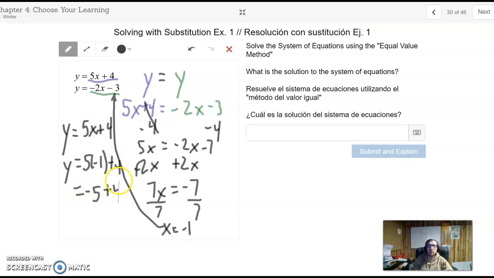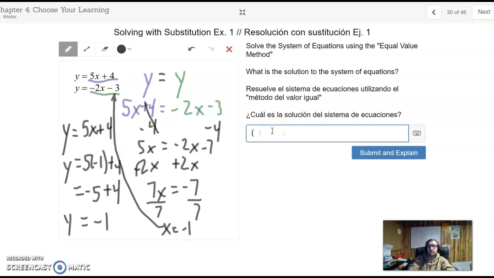Negative 5 plus 4, what is that? Negative 5, 4 towards 0. I'm at negative 1. So my solution here is the ordered pair negative 1, negative 1. And if you could see this on the graph, right, that's the one spot where these two lines intersect. The solution is the ordered pair negative 1, negative 1.